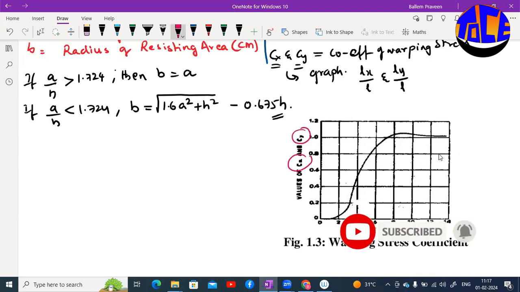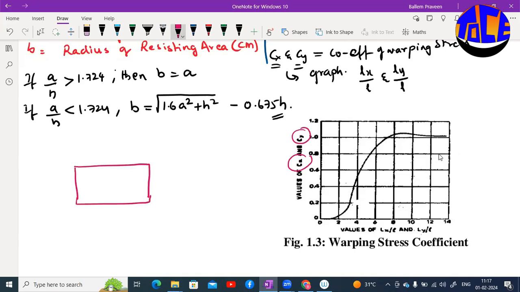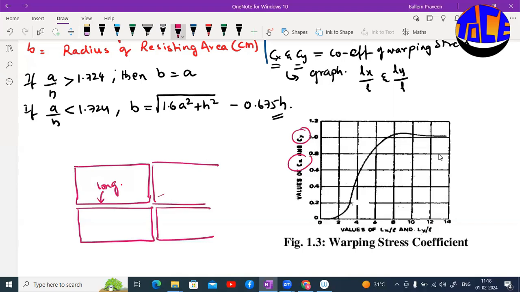Suppose you have an Lx and Ly ratio. If this is your rigid pavement, you will have lateral joints and longitudinal joints, right? These are called longitudinal joints, and these are called lateral joints.